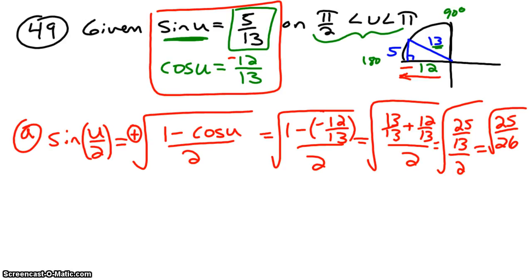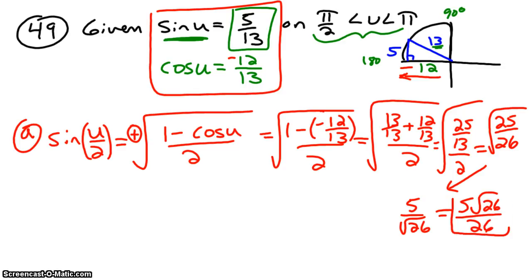So this will give us 5 over radical 26. You're getting pretty good at rationalization, which is 5 radical 26 over 26. So there is the solution for this one.